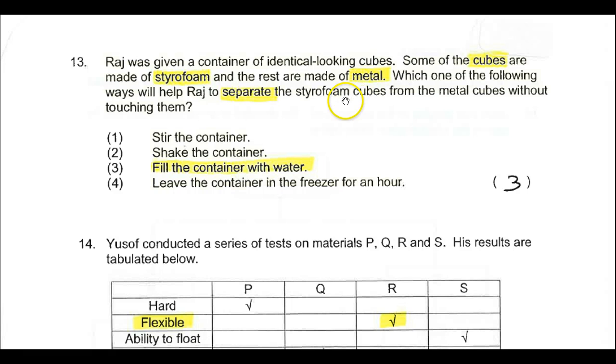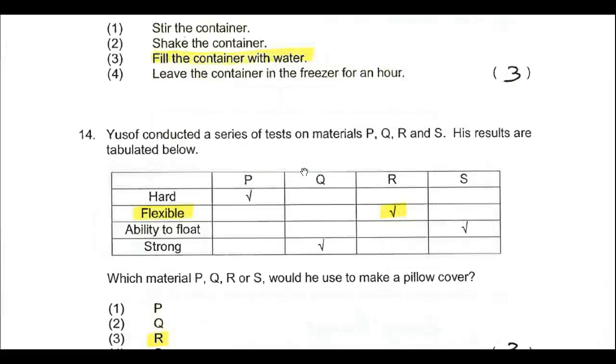So how would you separate the metal cubes from the styrofoam cubes without touching them? Best answer, fill the container up with water. Why? The styrofoam would float. The metal would remain sunk in the water. That's how you separate them.